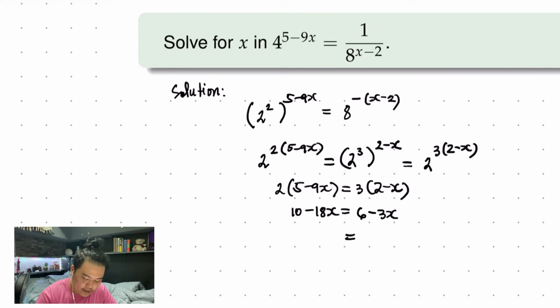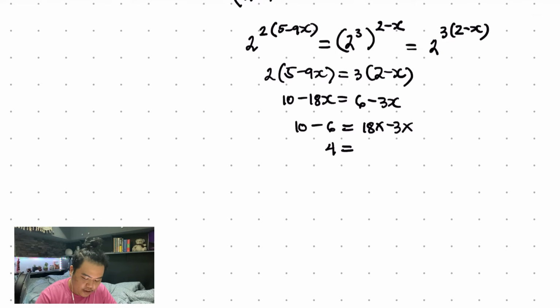Lipat natin lahat ng may x sa right, lahat ng constant sa kaliwa. So 18x minus 3x. So we get 4 equal to 15x. So x is equal to 4 over 15.